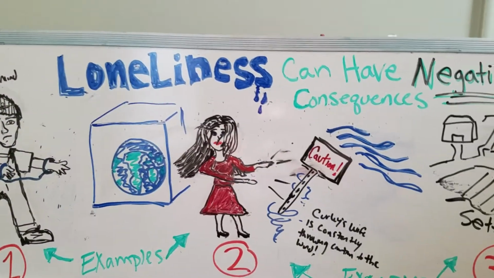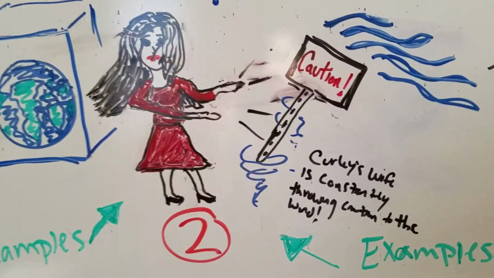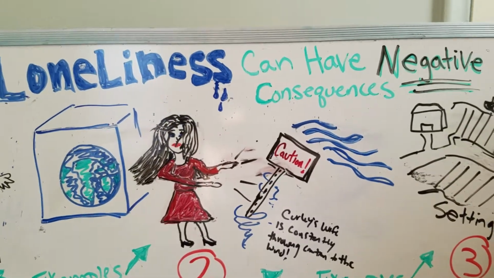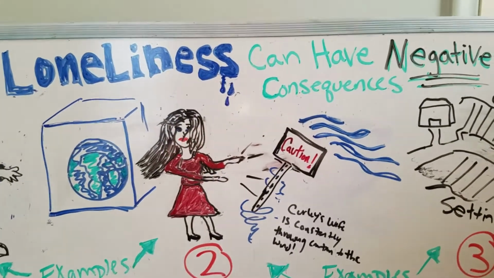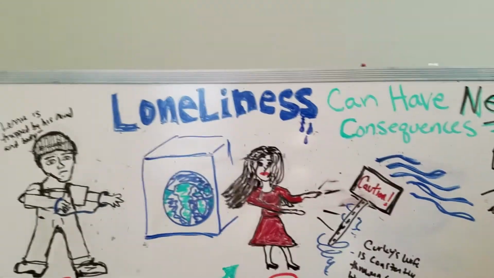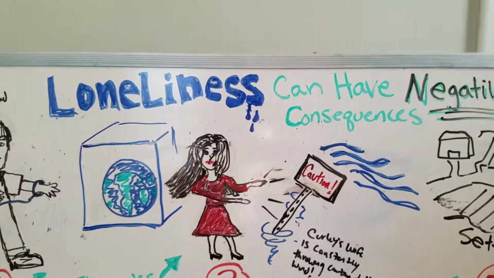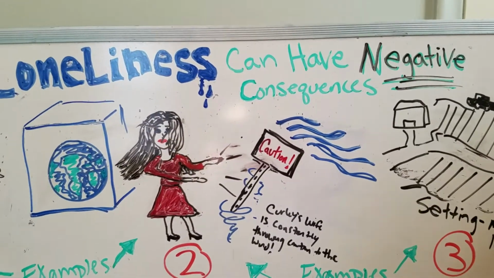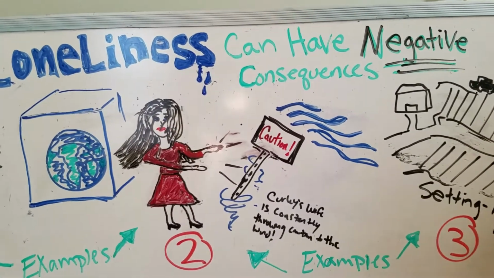And then we have Curley's wife in the middle. And I said she's throwing caution to the wind. And that's my symbol. And you can do symbols, you can do drawings. I did more drawings than symbols, although there is symbolism in there. Because she's very reckless with how she behaves.